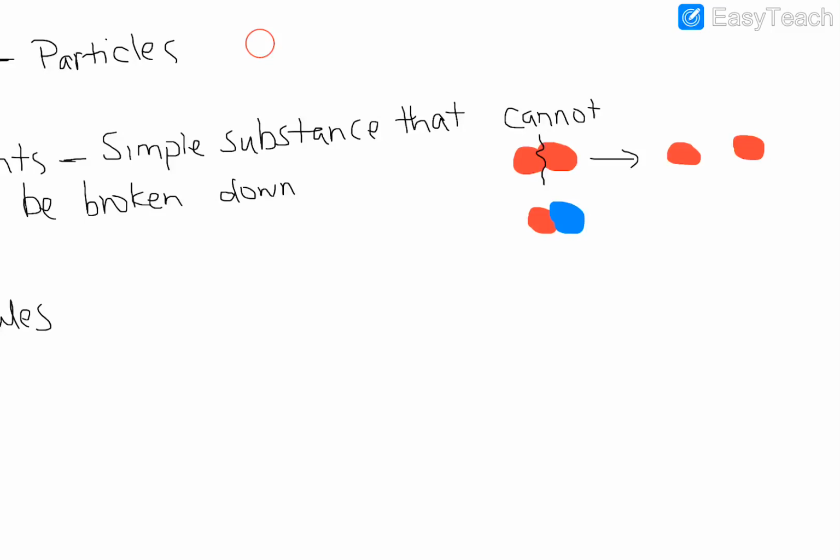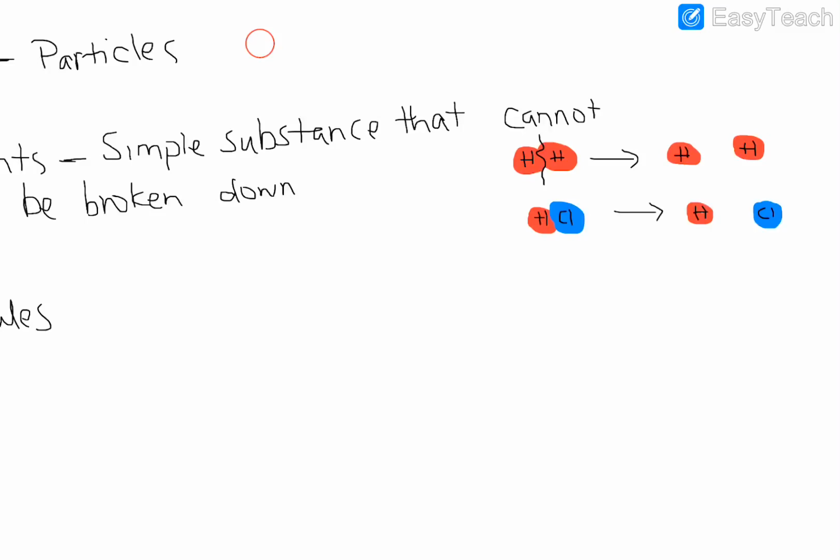So let's say this is hydrogen. If I break down these two atoms combined, I will still end up with hydrogen. So I'm not getting anything that is simpler.